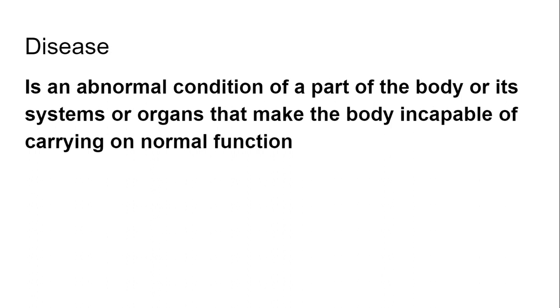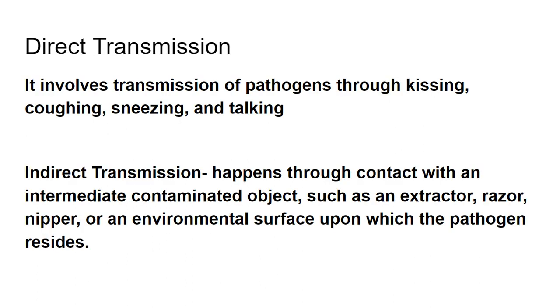Okay, moving along. So let's cover disease. So disease is an abnormal condition of a part of the body or its systems or organs that make the body incapable of carrying on normal function. Direct transmission involves transmission of pathogens through kissing, coughing, sneezing, and talking.